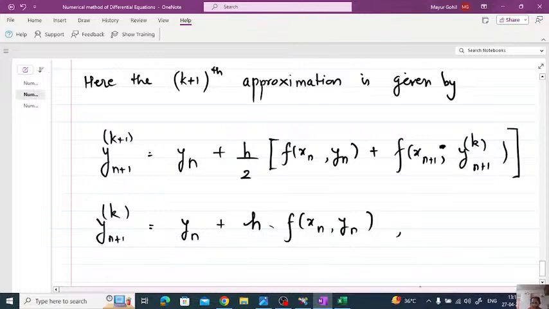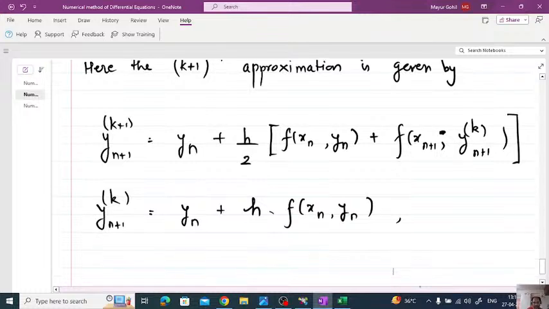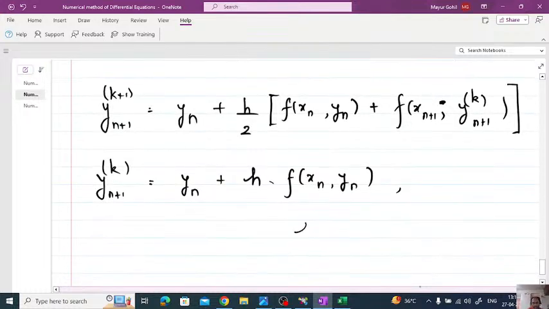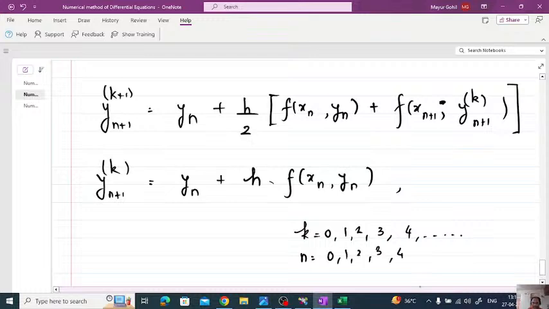Here there are two runners. k goes from 0, 1, 2, 3, 4 like that, and n goes from 0, 1, 2, 3, 4 like that. Now this has two indices, so you have to be a little bit careful while solving.